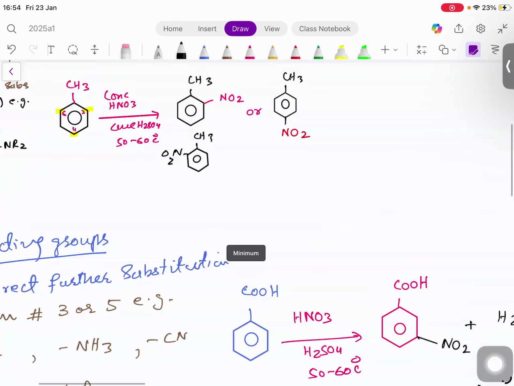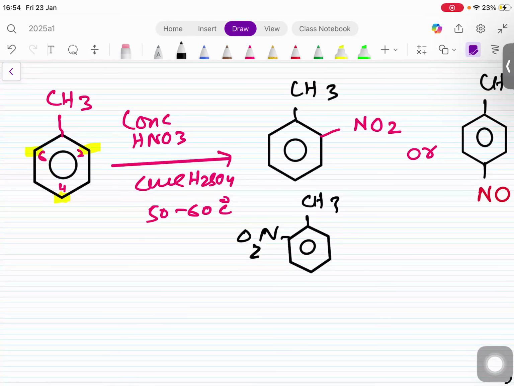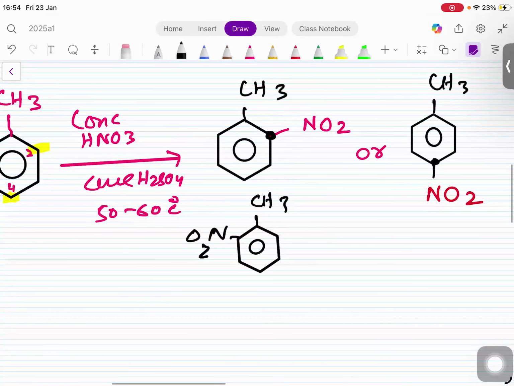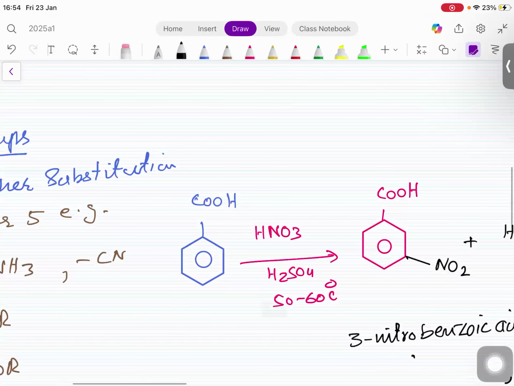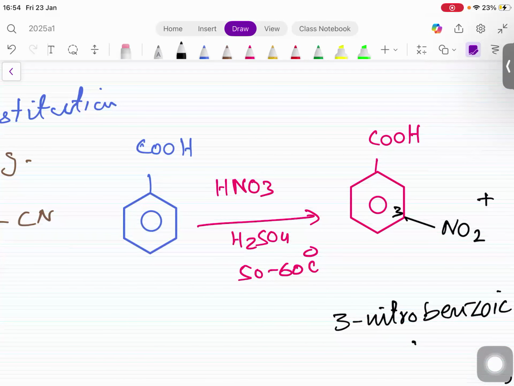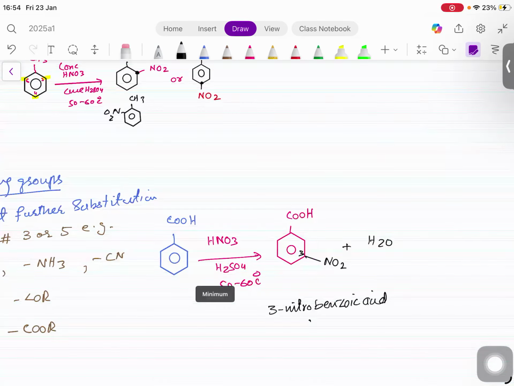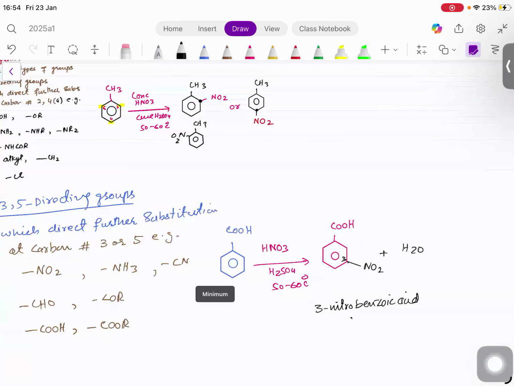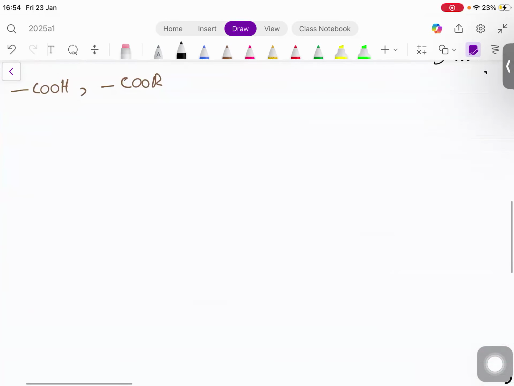So you remember the same thing. When methyl was there, the nitro went on carbon number 2 or number 4. But when COOH was already there, the same nitro is now substituted at carbon number 3. Right? So now how the examiner asks you the questions. For example, look, here is the question.